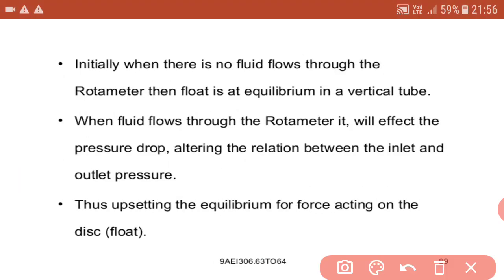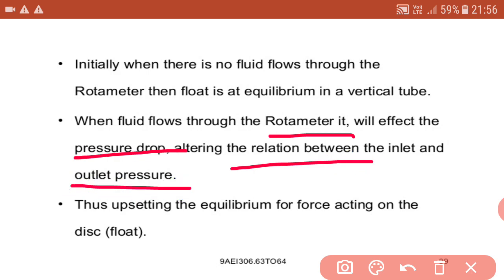When fluid flows through the rotameter, it affects the pressure drop, altering the relation between the inlet and outlet pressure. So whenever the fluid flows, what will happen?